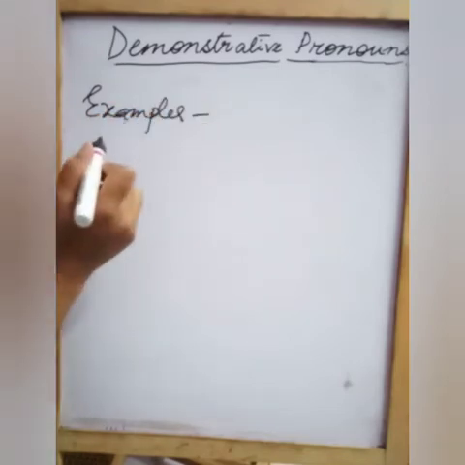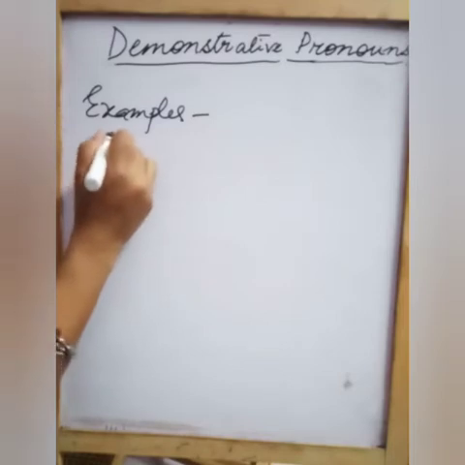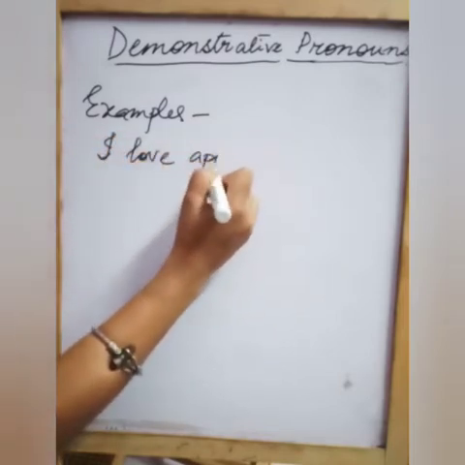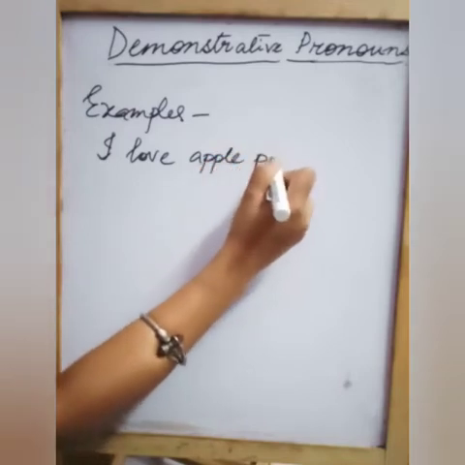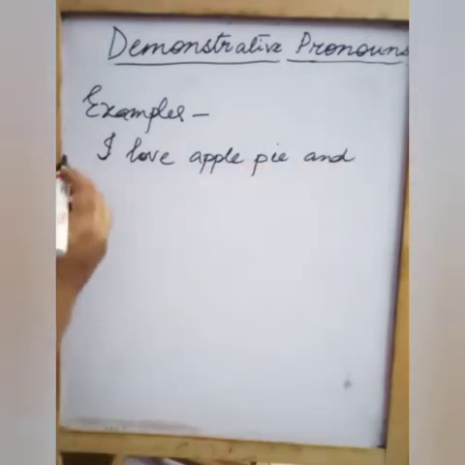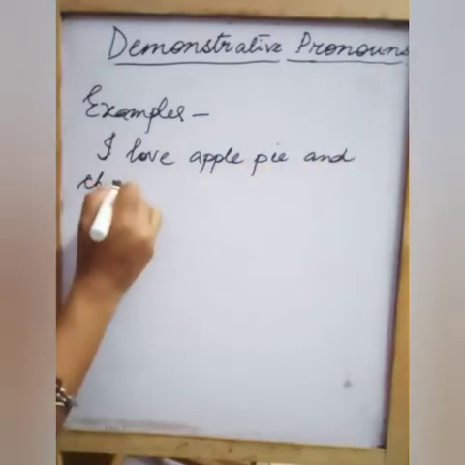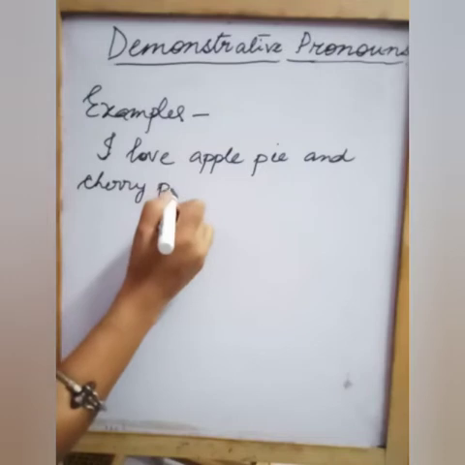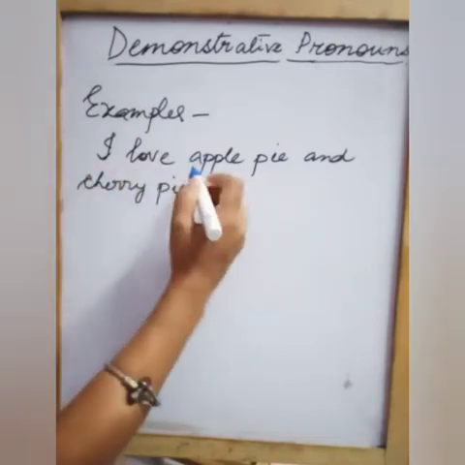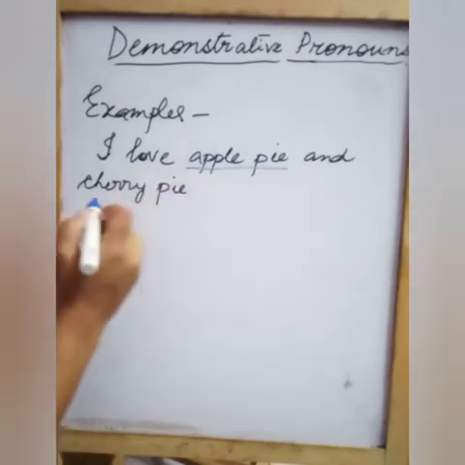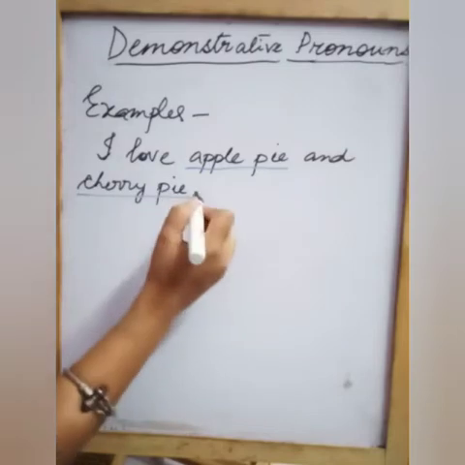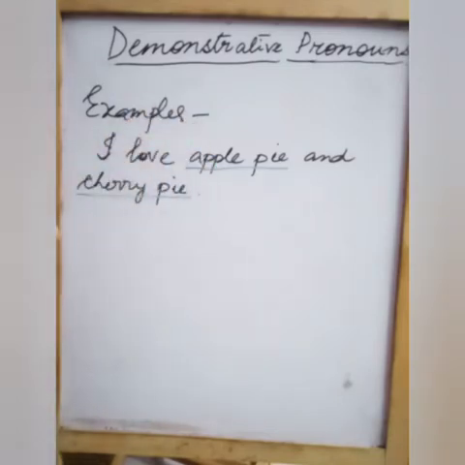Suppose I write, I love apple pie and cherry pie. Now I will just underline the nouns. These are the nouns, apple pie and cherry pie. We'll replace them with the demonstrative pronoun.